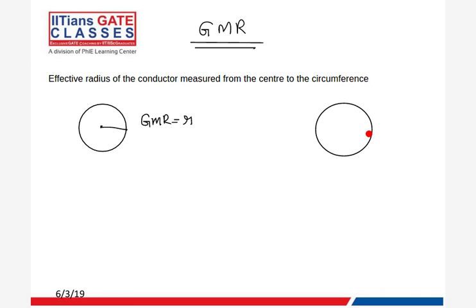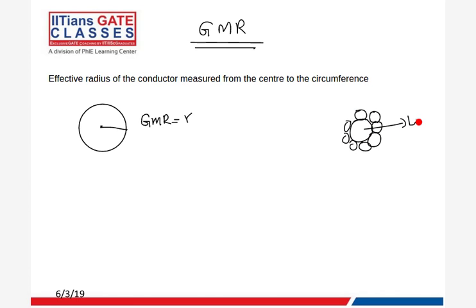Within this one, there will be smaller ones. So in this case, GMR is equal to R. But suppose we consider the skin effect, then we will have two levels of inductance.